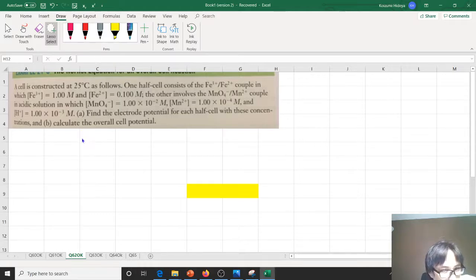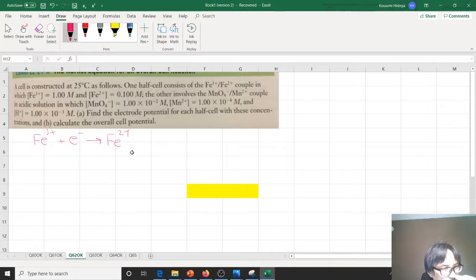The first one is Fe3+ plus an electron becoming Fe2+.